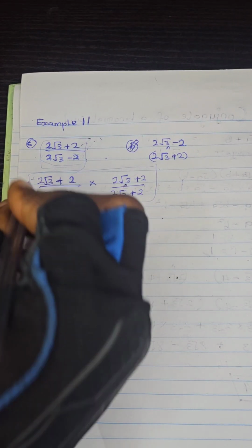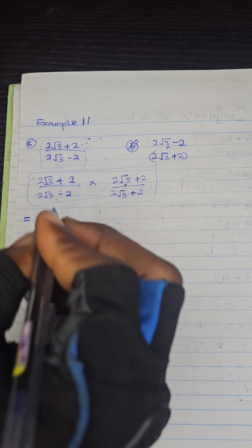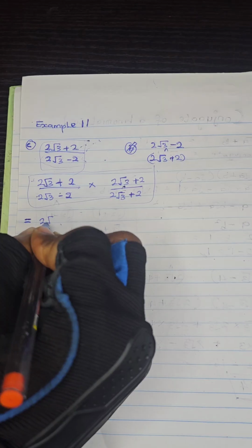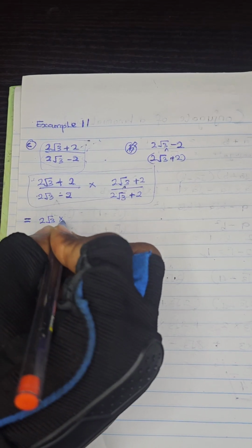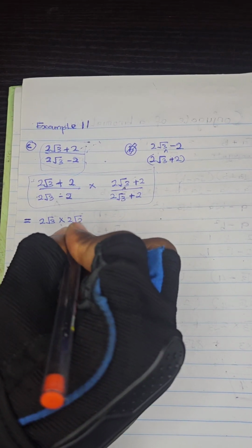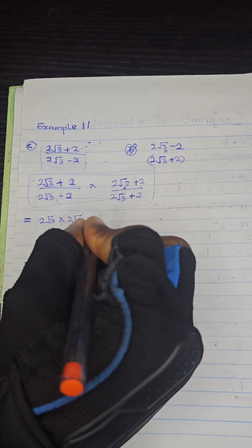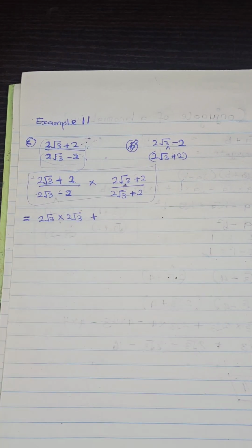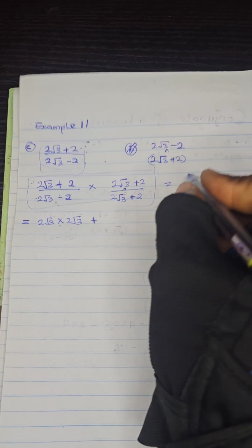Multiplying the numerator, we still use the normal rule we have. It will be this times this, so 2 root 3 times 2 root 3, this times that plus. Now let me change this expression to another form so it doesn't confuse us.